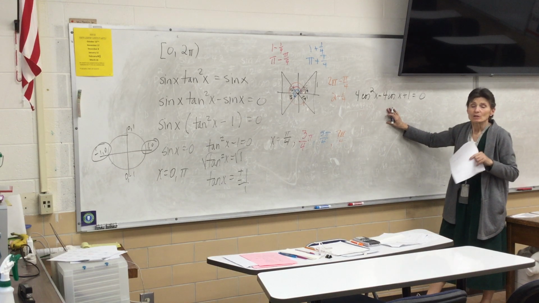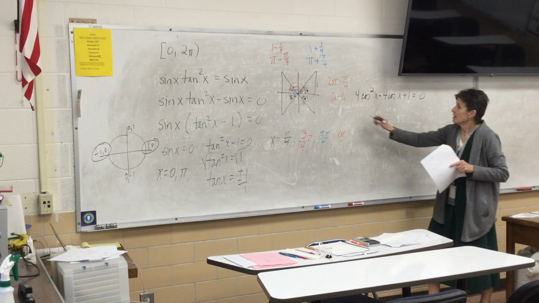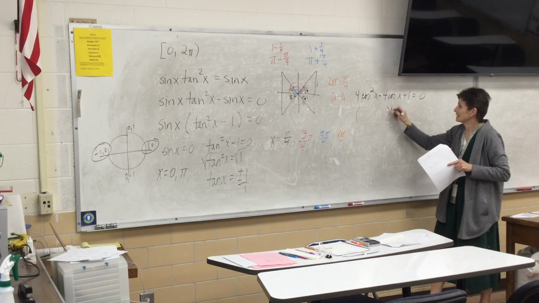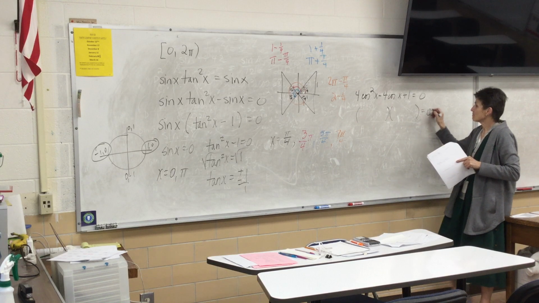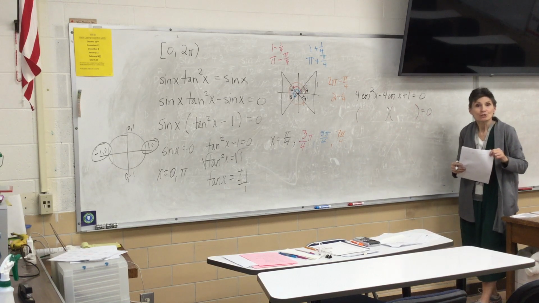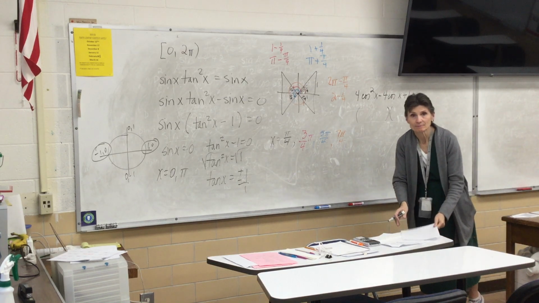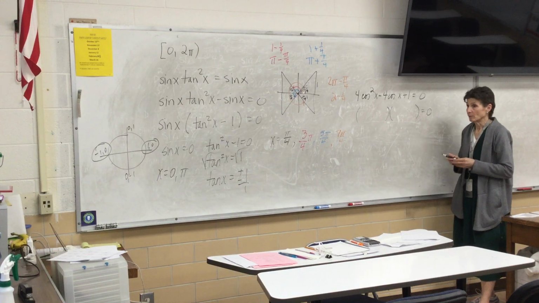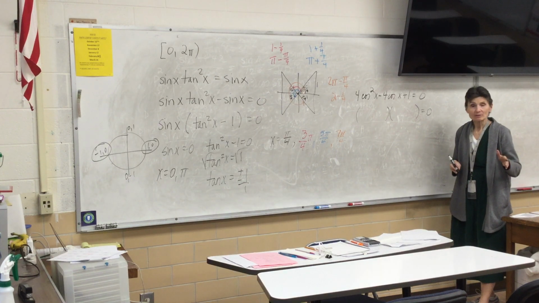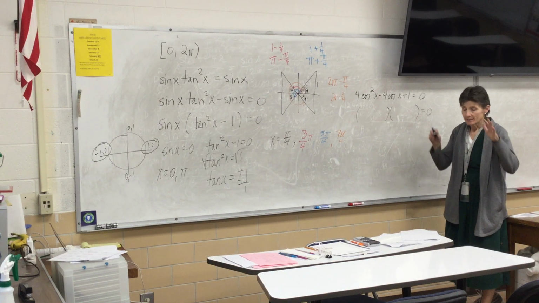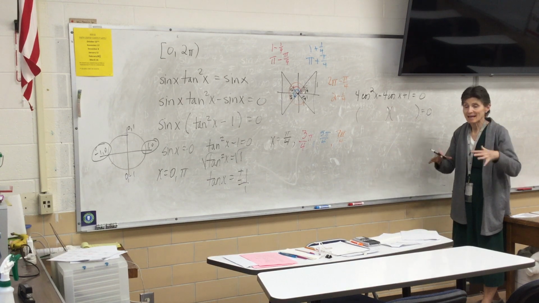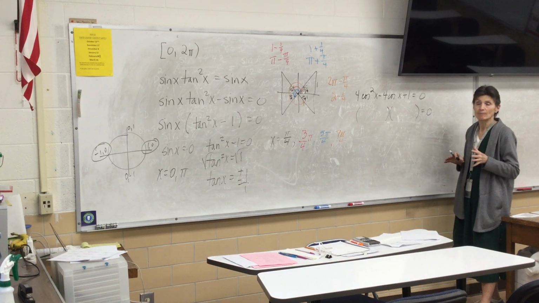Instead, you need to recognize that this is a quadratic equation. This factors into 2 parentheses. Now, you all learned how to factor in first year algebra. This is just the same exact thing on a little bit bigger scale.